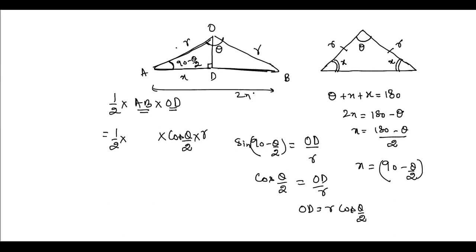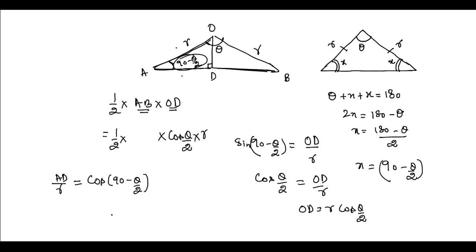This is simple. So now we know that this angle is theta. For the relation we can write that AD upon R is cos of this angle, and here the angle is 90 minus theta by 2.